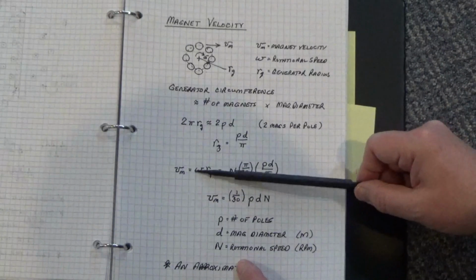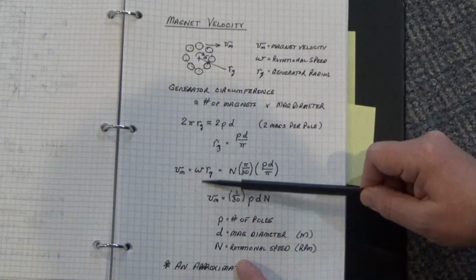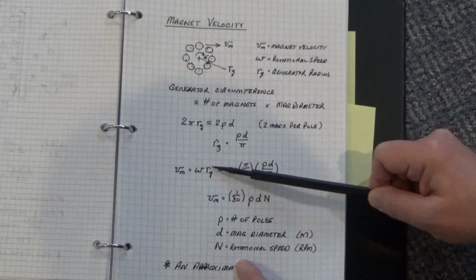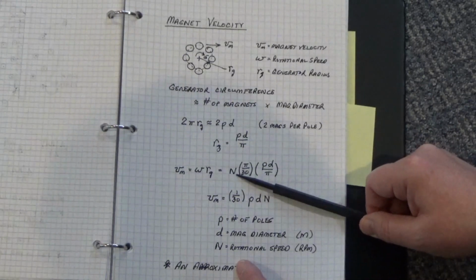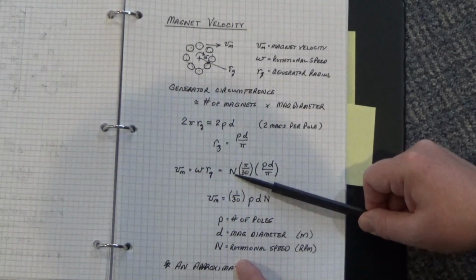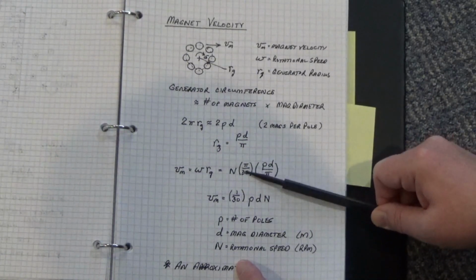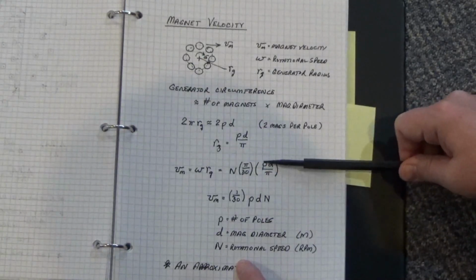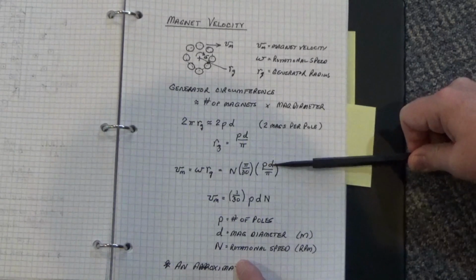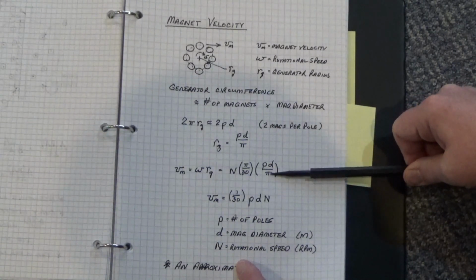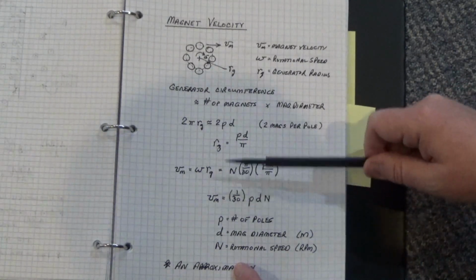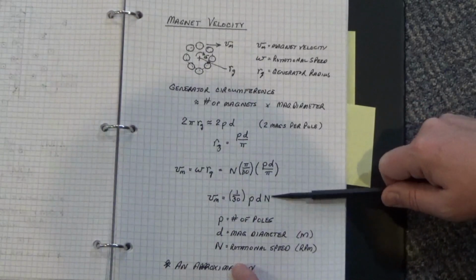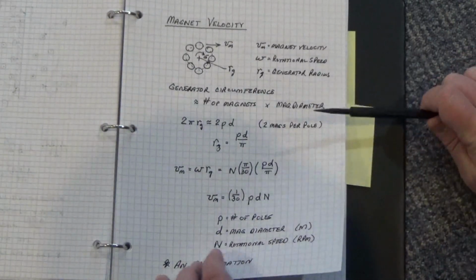And so this velocity is going to be equal to omega times this radius. The omega is going to be our speed in RPM, converted to radians per second, and then times this radius, which is our number of poles times diameter divided by pi. So there we have an expression for our velocity.